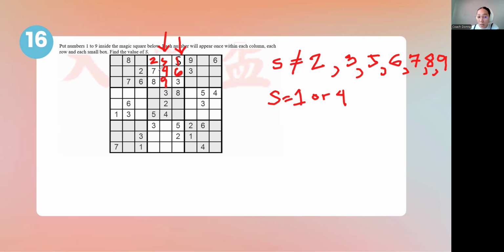That still works because we haven't filled the other blanks, right? So 1, 2, 3, 4, 5, 6, 7, 8, 9. We haven't violated anything yet. But if we actually filled this entire grid, you'd find that there will be repeating numbers.